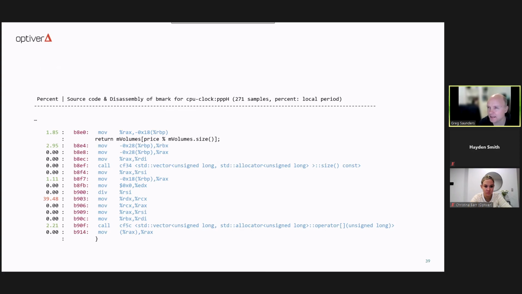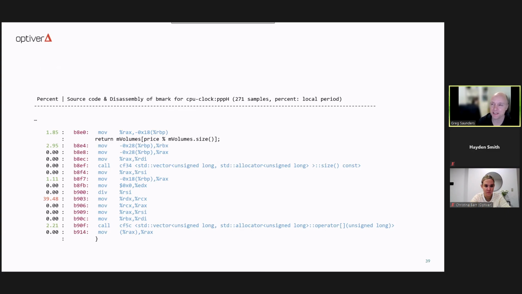Now, if you're like me, you might be scratching your head going, how can a move instruction be taking so long? Well, the answer is that these profiling tools are trying to attribute the time spent in the function to a particular instruction. But because of the way modern CPUs work, they can be executing multiple instructions at a time and not necessarily in the correct order that they were issued in.